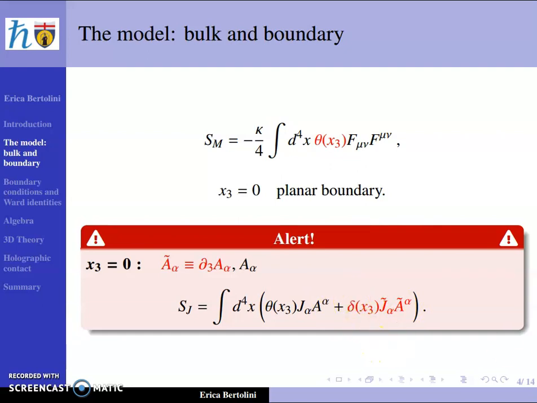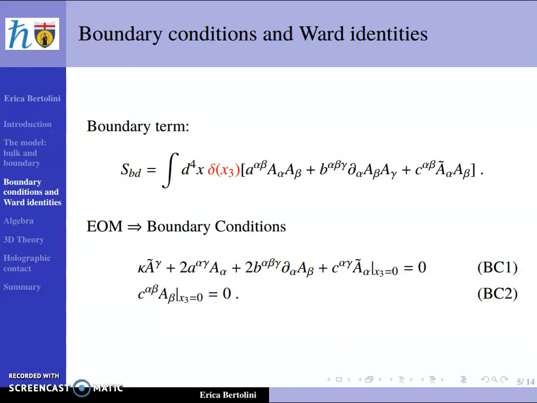For the presence of the boundary, we must include another term in the action, which must be compatible with power counting and Lorentz invariance, and which must exist only on the boundary. This is done by the introduction of this delta term.